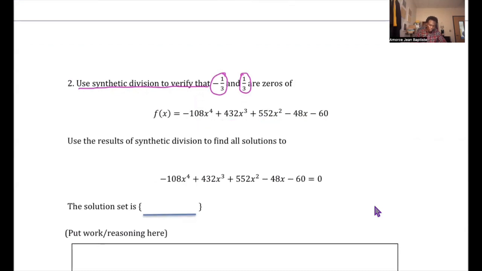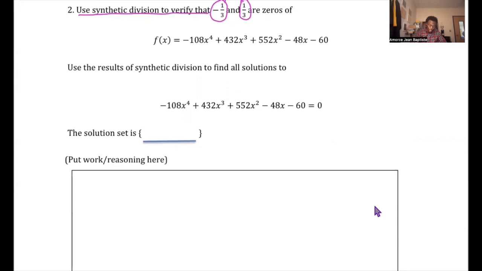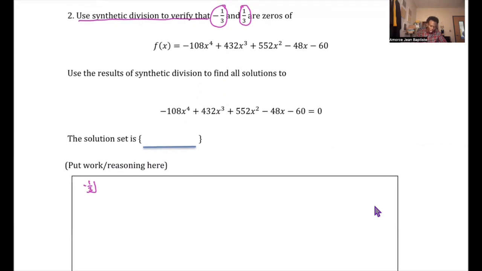Now we're going to set up for the first one: negative 1/3 in the box, and the coefficients are negative 108, 432, 552, 52, negative 48, and negative 60.